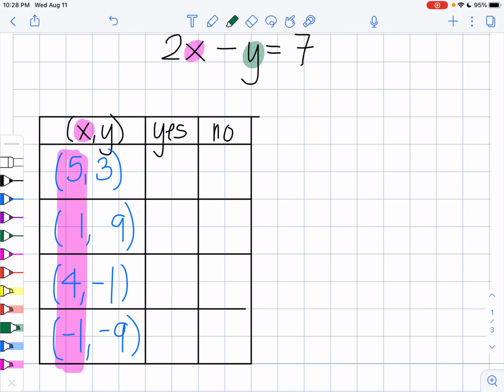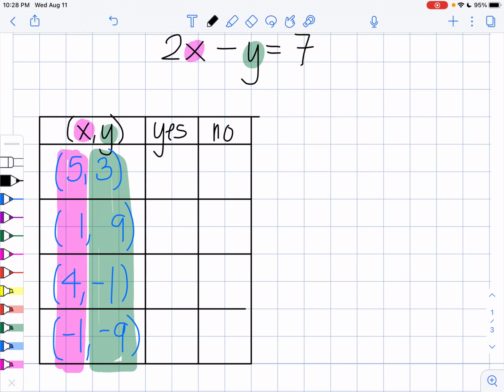And for the y's, you're going to plug in these guys. Okay, so here's what we do. I'm going to write out my skeleton, and then we're going to plug in our x and y values and see what we get. And then we can determine if it's a solution or not.